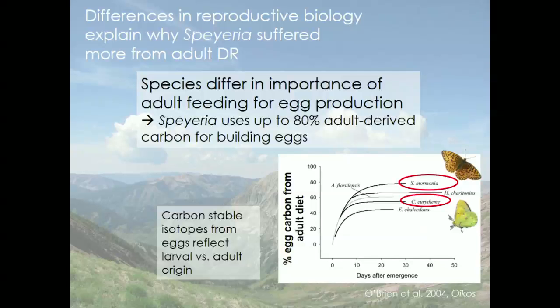We actually knew that Spirea mormonia is using up to 80% of adult food-derived carbon to build its eggs. Therefore, the pattern we saw, that the reduction in egg production was larger in Spirea, is what we predicted.